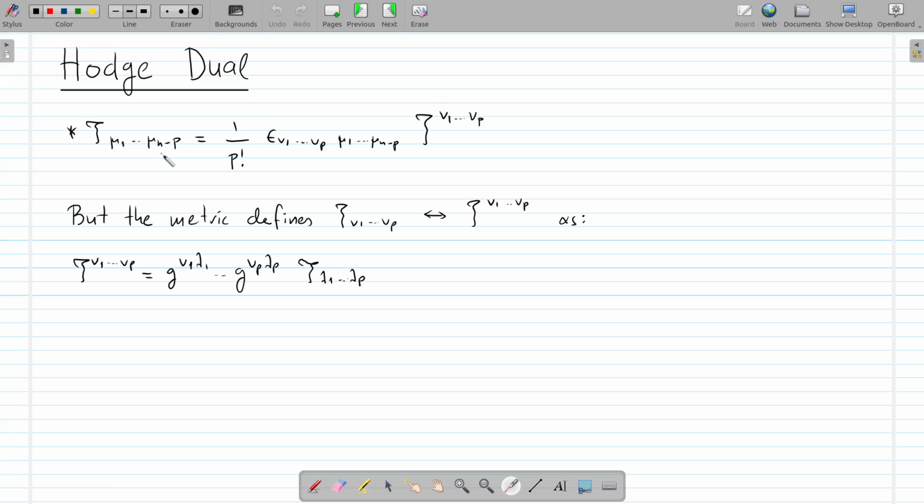But now, we know that the metric defines a one-to-one mapping between p forms and p vectors by raising and lowering indices. So the p vector here is completely equivalent to the p form there by raising the indices as we had shown before.